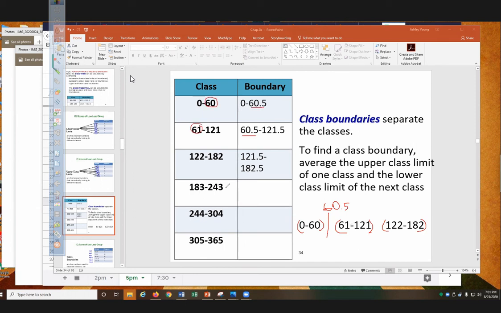So why don't you guys go ahead and find for me the upper and lower boundary for this one right here. All right, so you need to find the number between these two. That's going to be the lower boundary, and the number between these two, that'll be the upper boundary.